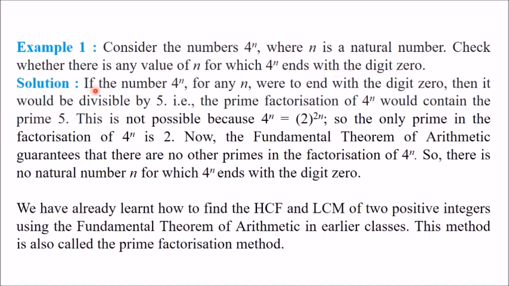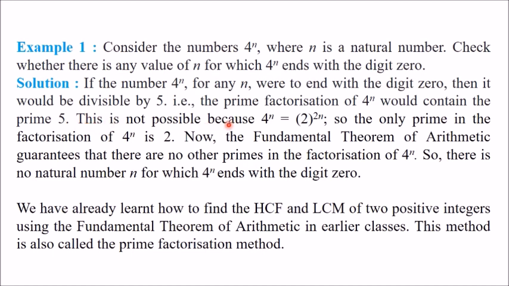If 4 to the power n for any n were to end with the digit 0, then it would be divisible by 5. That is, the prime factorization of 4 to the power n would contain the prime 5.